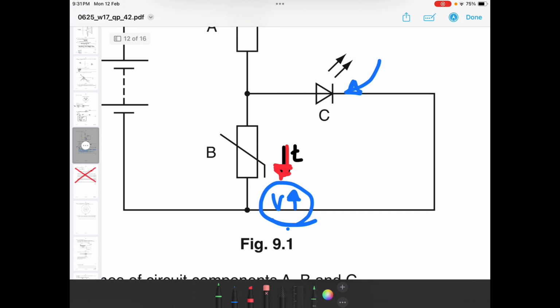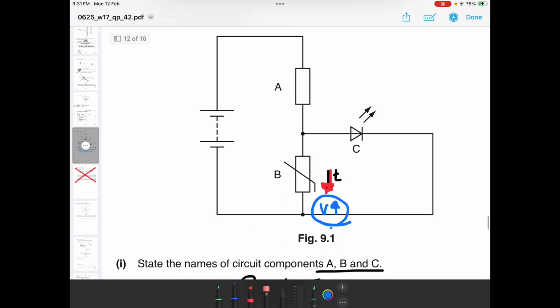Now this is not like the usual, okay? Let's see what happens when the voltage across the thermistor increases. So the current is flowing, passes through the resistor, flows. Now here we have a junction. Will it go this way or that way? The resistance across here is really high.